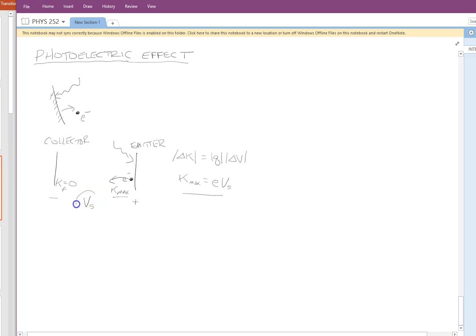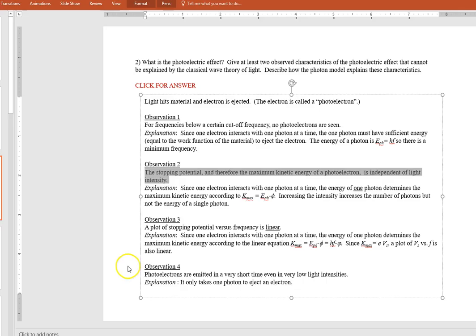It seems like this stopping potential should also increase. But you don't see that. So even if you crank up the light intensity, now this is for light at one frequency, so you're not changing the frequency, but if you increase the light intensity, you don't see an increase in stopping potential.